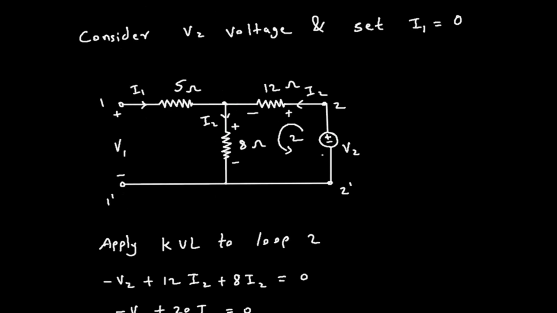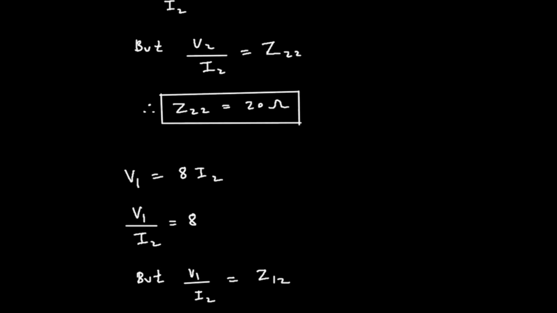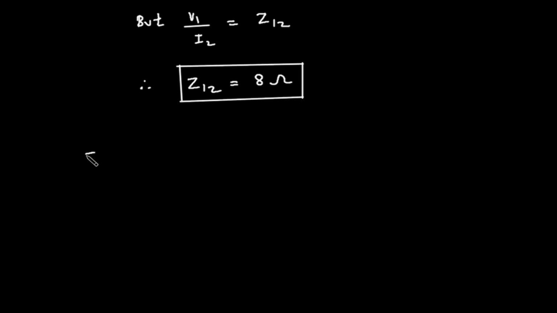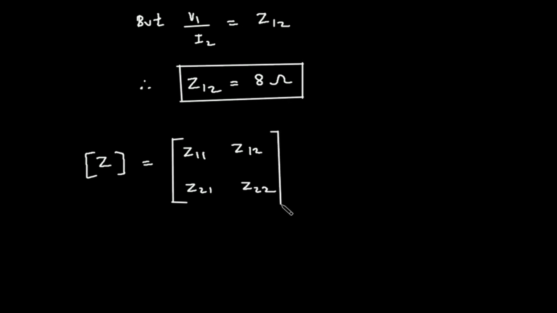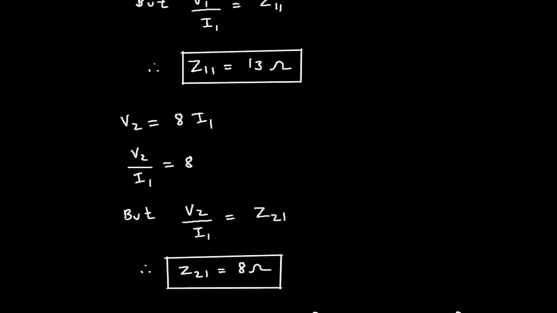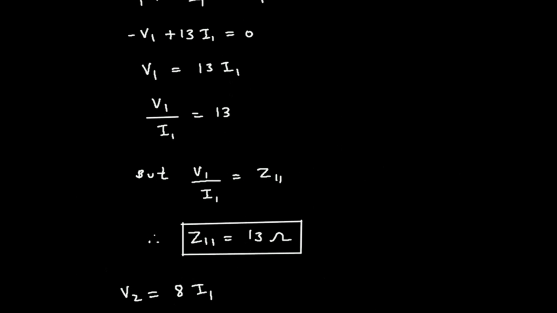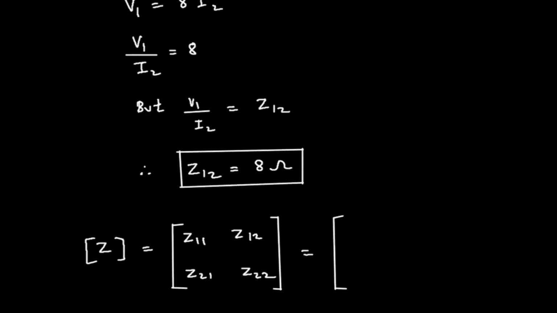Now we have the value of all the Z parameters. So therefore Z is equal to, this is the impedance matrix, Z11, Z12, Z21 and Z22. The value of Z11 is 13 ohm, so this will be 13.